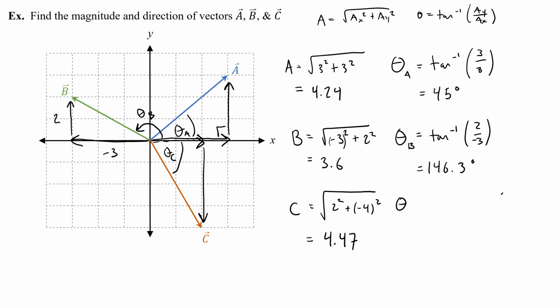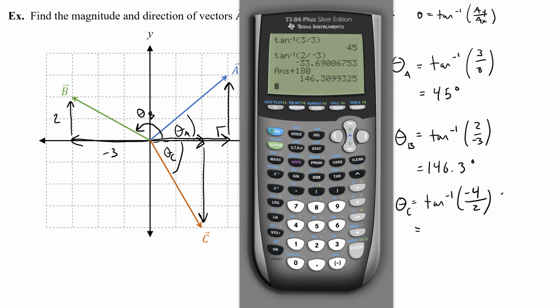When you use the positive 2 and negative 4, like so, the negative 4 is y, goes on top, positive 2 on bottom. You're going to get negative 63.4.